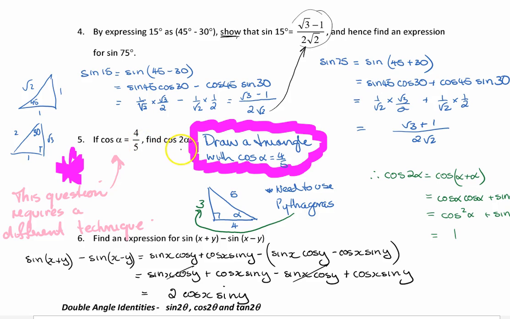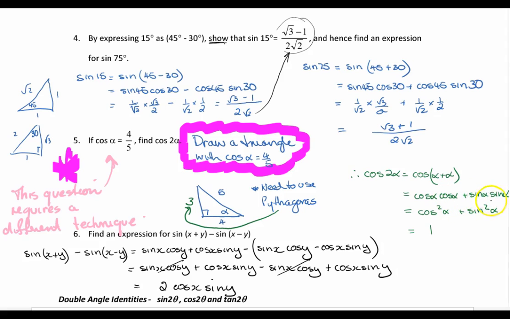I can see that cos 2 alpha could be written as cos of alpha plus alpha, which would mean I'd have to be able to find the value of cos of alpha. Well, I do have that. They've given me that. But in the expansion, as you can see here, there's also sine of alpha. I need to be able to work out the sine of alpha.